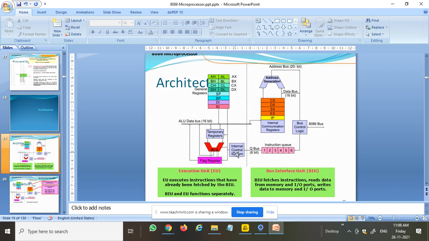This is the internal control bus. I will explain each of the segments and registers one by one. This block is the temporary register block, and this is the ALU, which is called the arithmetic logic unit.